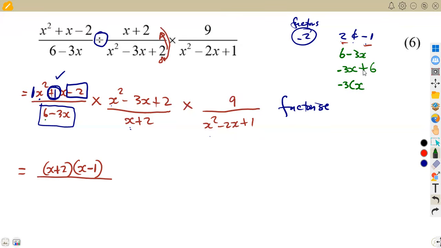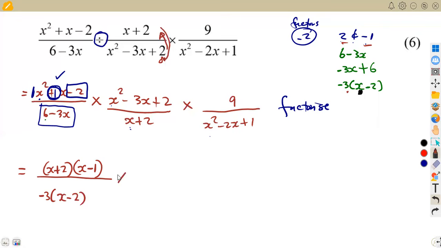Then plus 6 divided by negative 3, a plus and a negative will give us a negative 2. So we have our x being positive. Our major part is that x must be positive. What goes here or whatever, we don't care about it. So we are going to have this as negative 3 into x minus 2.